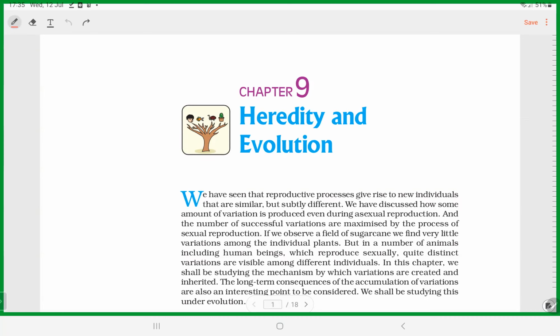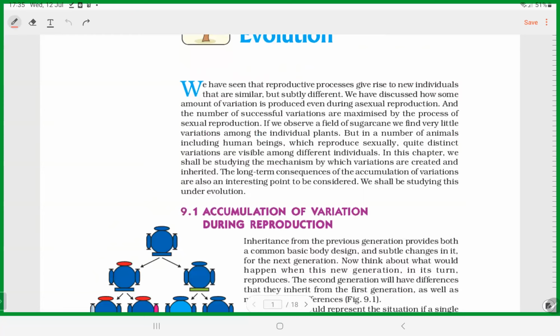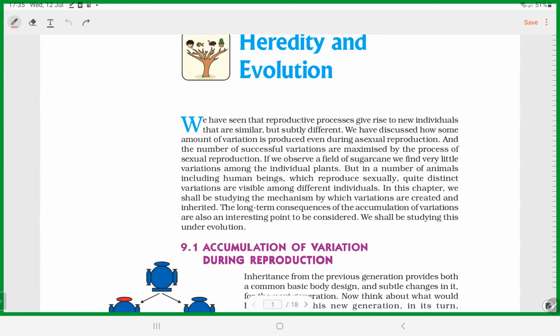Yeah. You just check whether anybody is there or not. Let's continue. Searching for you online.